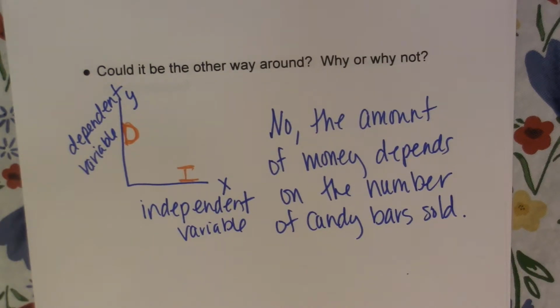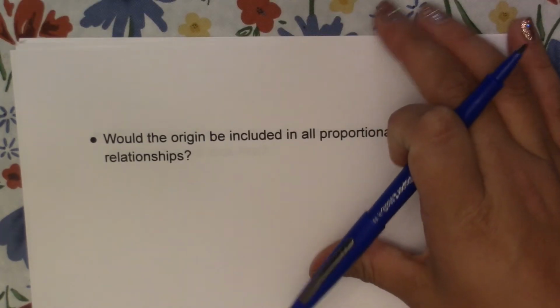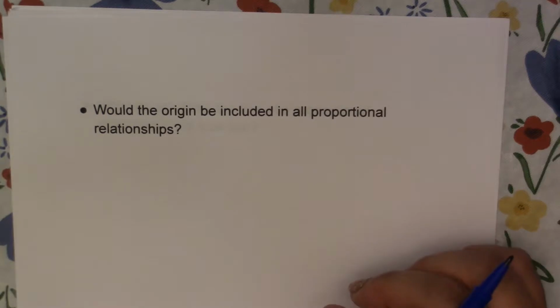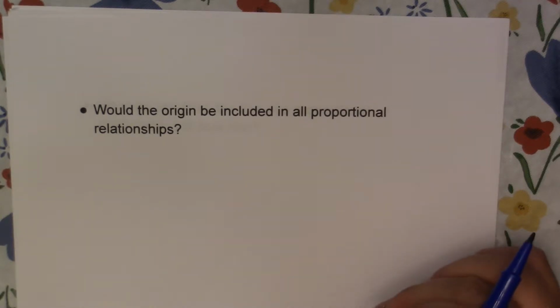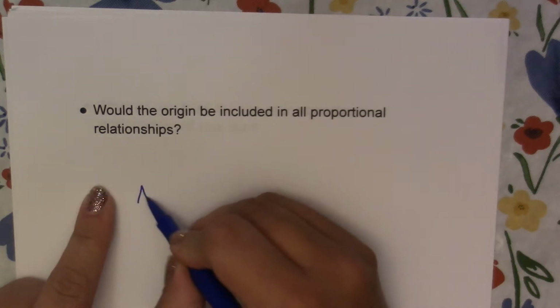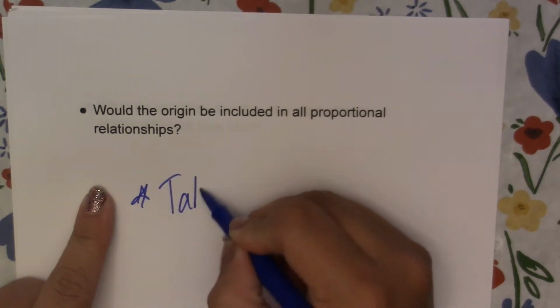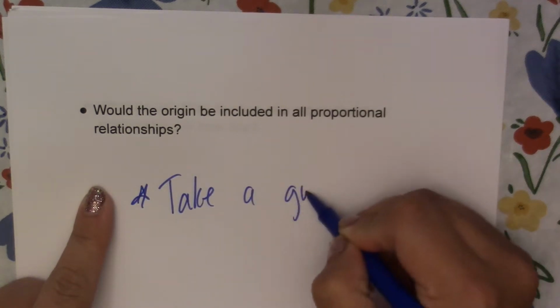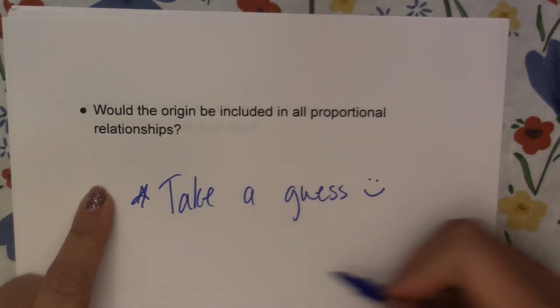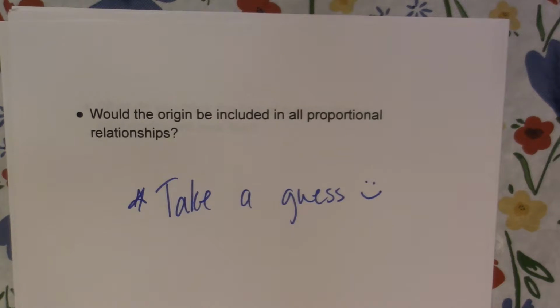All right, so let's look at our next question. Would the origin be included in all proportional relationships? And this is when you're going to do some investigating, so I want you to take a guess. So I'm going to put a note here for you. Take a guess. Was it going to be yes or no? And then you'll do some investigation when we look at our examples.